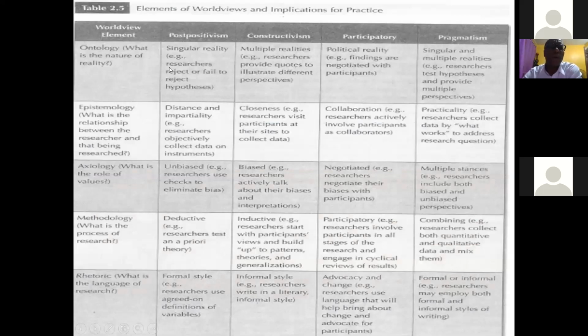So from a constructivist approach, when we talk about the ontology, we're questioning what's the nature of reality. And if we're looking at it through a constructivist lens or from the qualitative perspective, what we're saying is that the researcher takes on multiple perspectives, right?